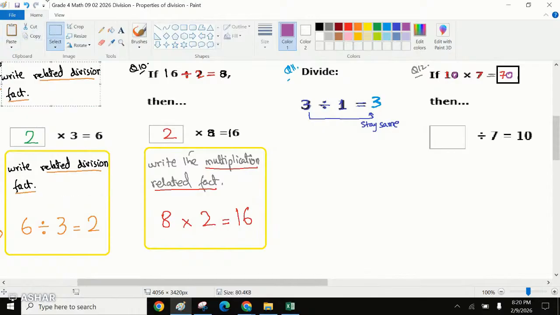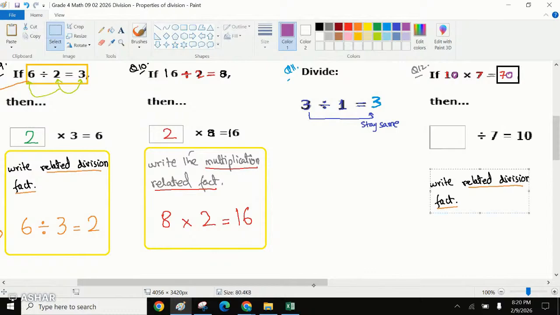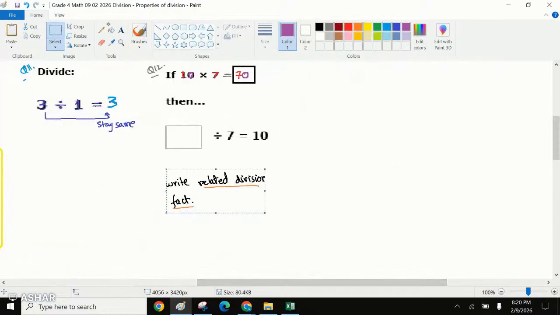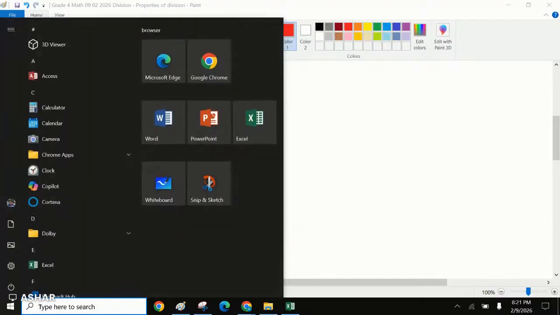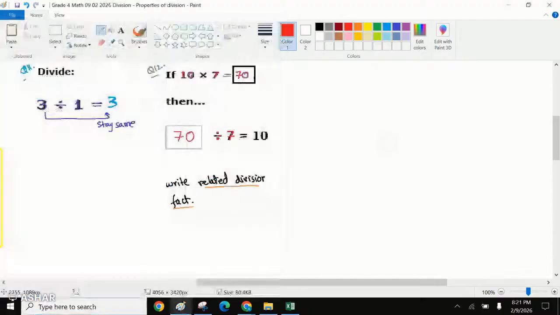Oh, sorry, I'll just copy it again. Okay, which number divided by 7 will give a 10 answer? We know that when we divide 70 by 7, the answer would be 10. Agreed? And what is the other related division fact?